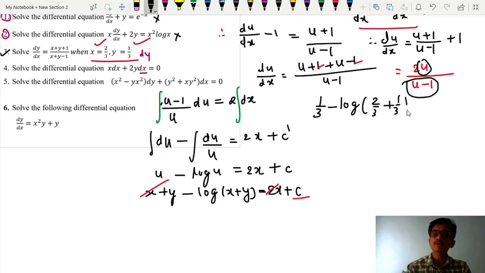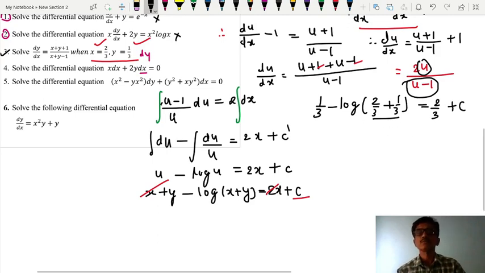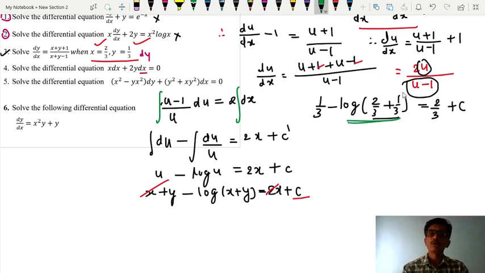So this gives us 1 and log of 1 will be 0. Right hand side is 2 by 3 plus c. This term will be equal to 0 because this is log of 1, and it will be equal to 0.